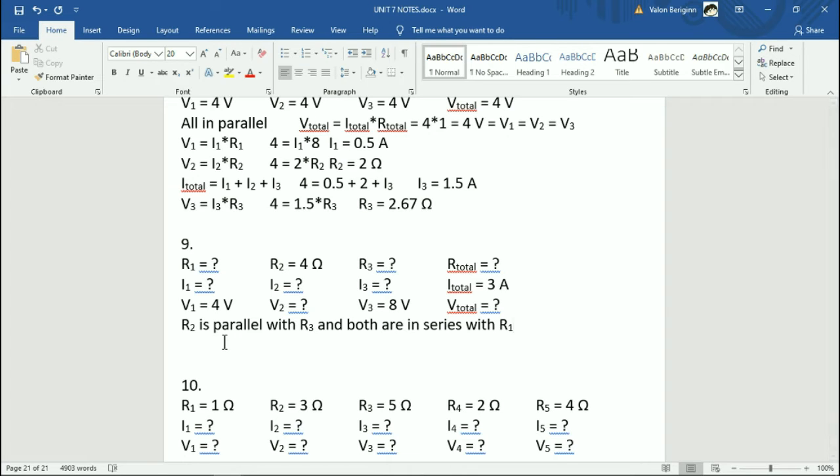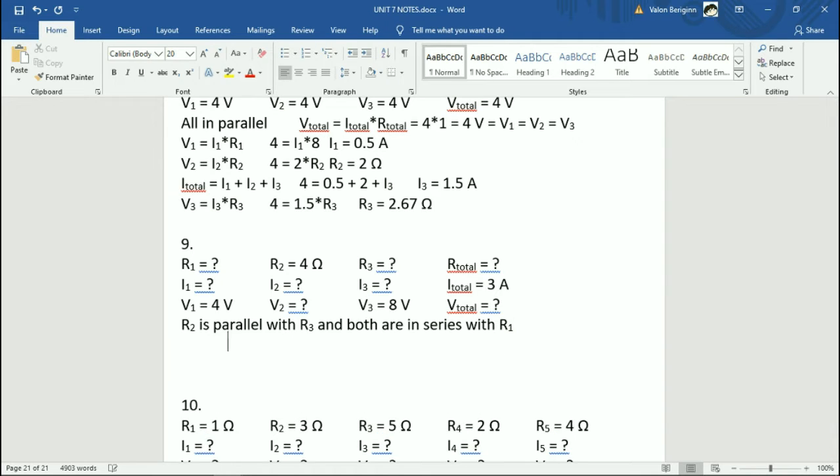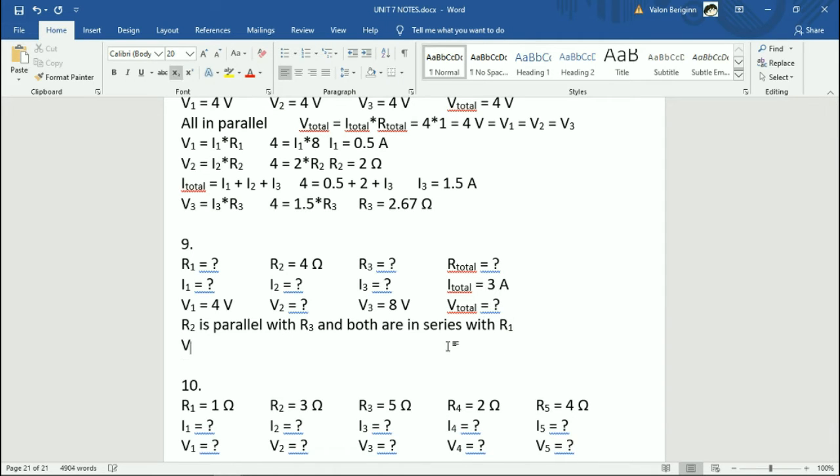So, in parallel, what do we have? We have R2 and R3 are in parallel. Now again, parallel rule is that the voltages are equal. So, therefore, V3 equals 8 volts. But because they're in parallel, that's in parallel with R2, that must also be V2.